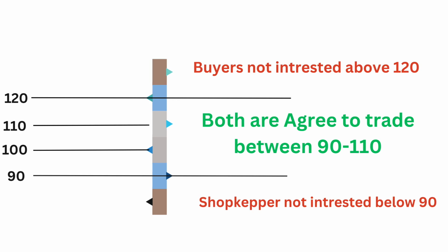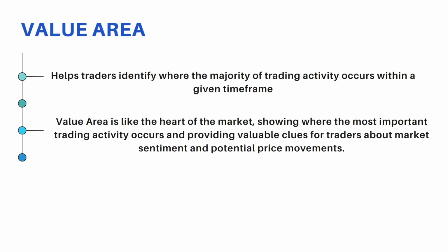So in this particular case, this 100 to 110 range, where the majority of the activity is happening, is called the value area. In our TPO charts, we consider it as 70%. I'm going to show you in the next few minutes that this value area is also called the fair price.